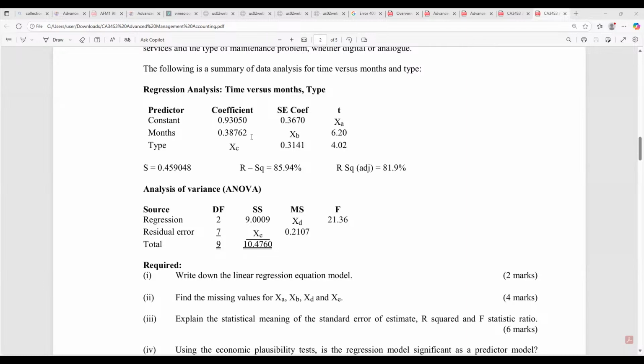Is there somebody who is able to remind Mwalimu what we got as b2? Not b2, but x2. For the missing, we got this value.